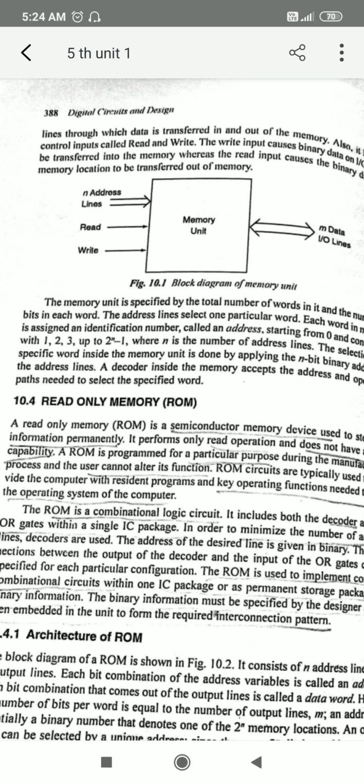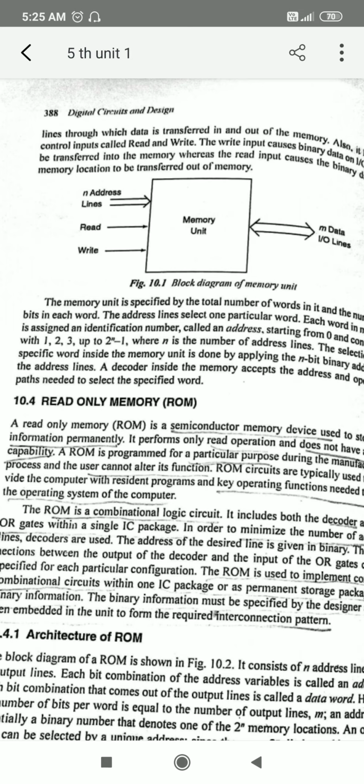Volatile means that when the power is switched off, the data are erased. But the read only memory is non-volatile, so even if we power off, the data will be stored.